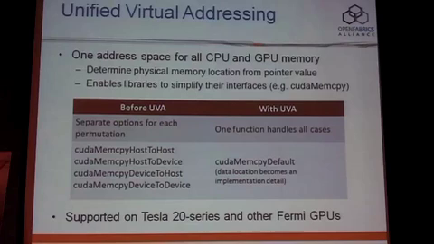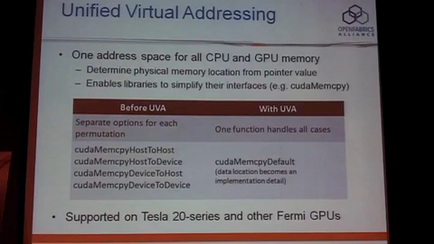Additionally, we're providing some introspection routines that allow a program to examine a pointer address and determine whether that pointer dereferences to memory that's on the GPU or memory that's on the host.